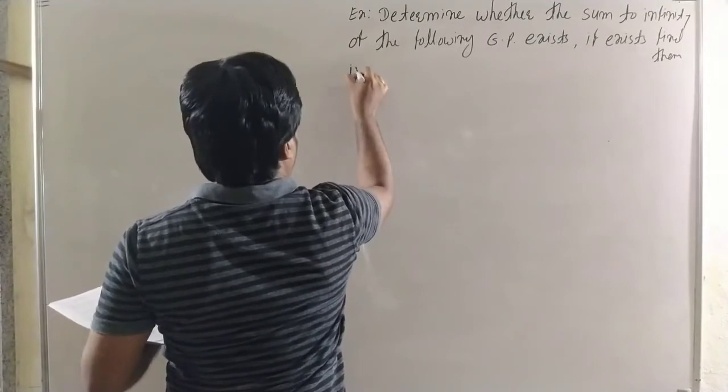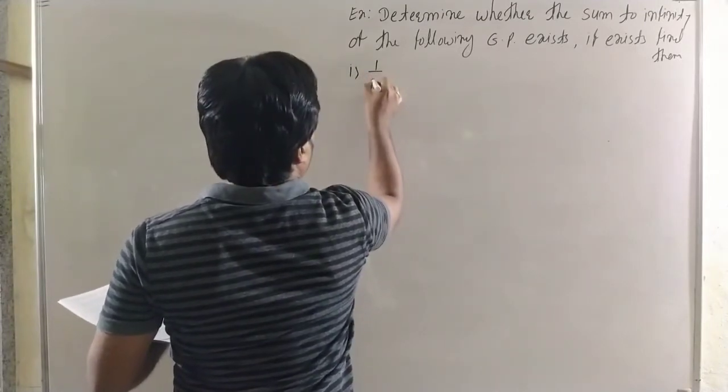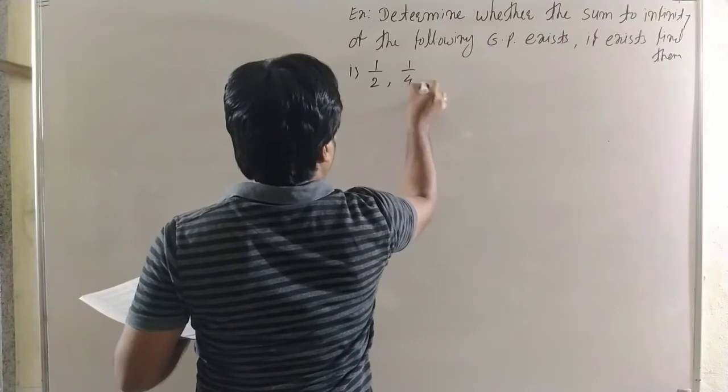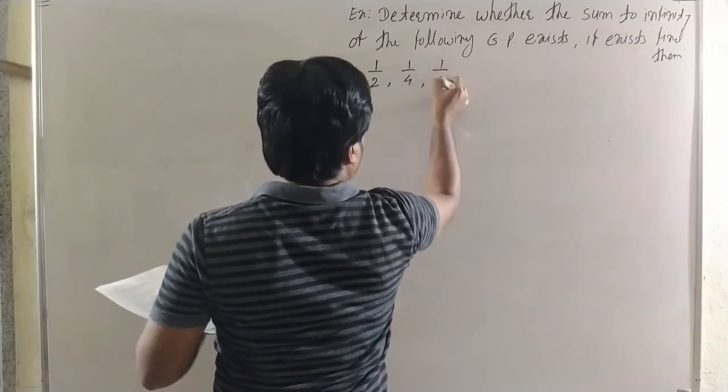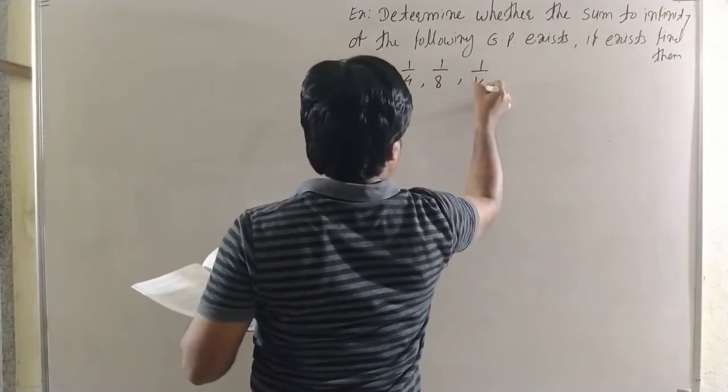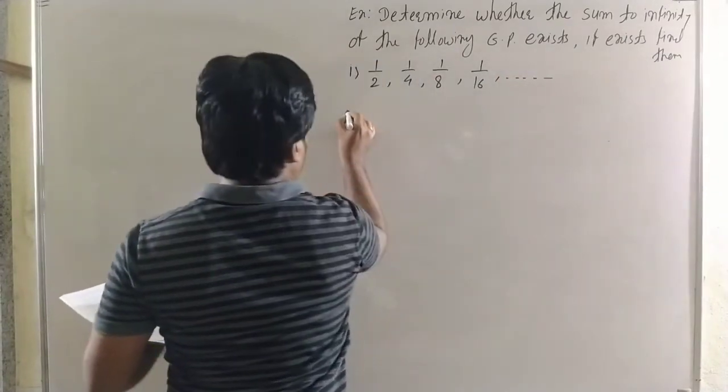Example number 1: 1 by 2, 1 by 4, 1 by 8, 1 by 16, up to infinity.